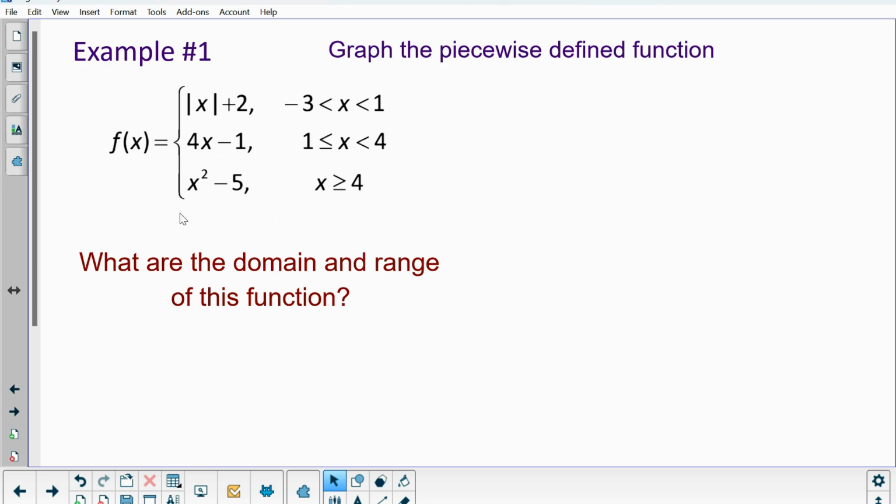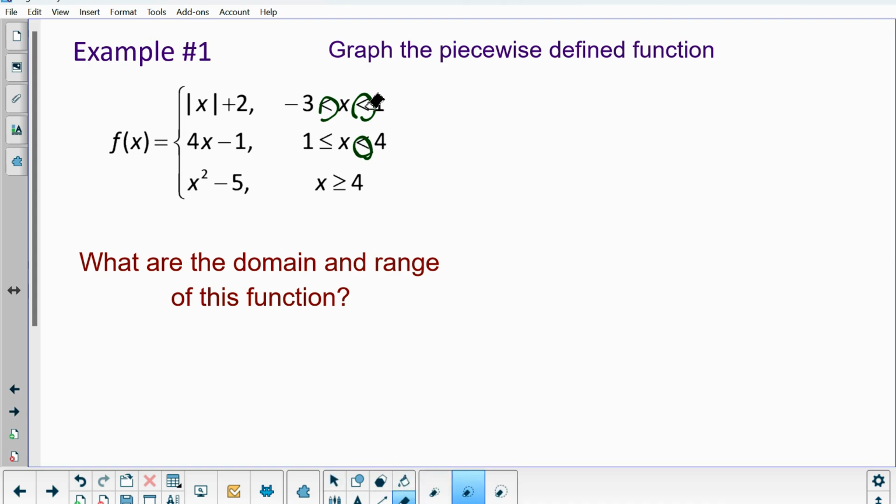So as you are looking at this and writing this down, you want to think about graphing a V, a line, and a U shape, okay? But it might not quite look like a V or a U. It kind of depends on the domain restriction we get. And I also see some open circle possibilities going on as well. So I can see an open circle here at the -3, an open circle at the 1, and then an open circle at the 4 for that attachment.